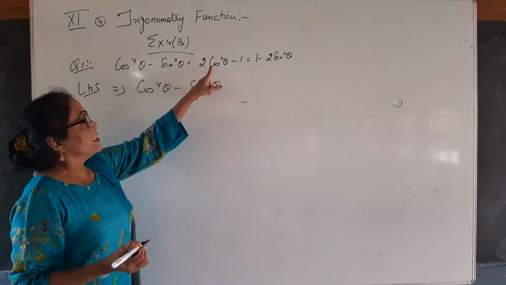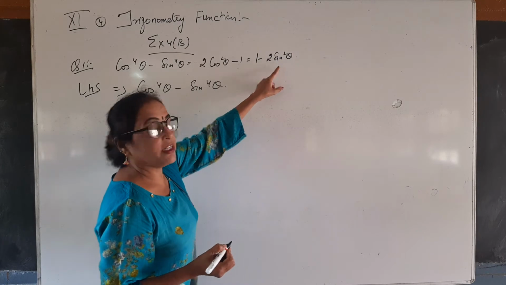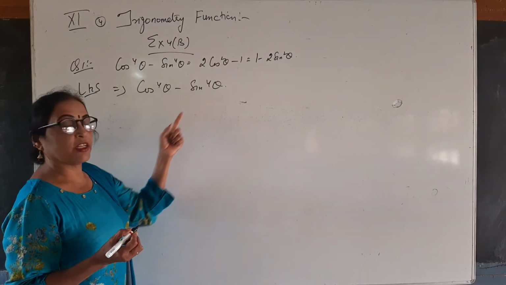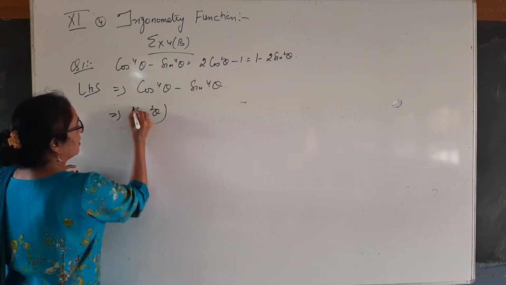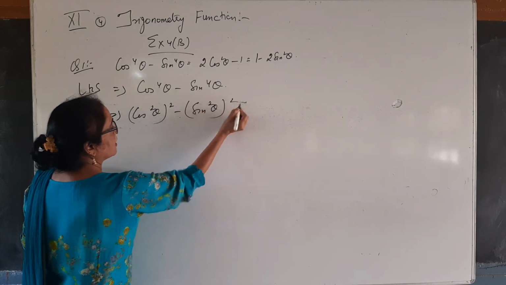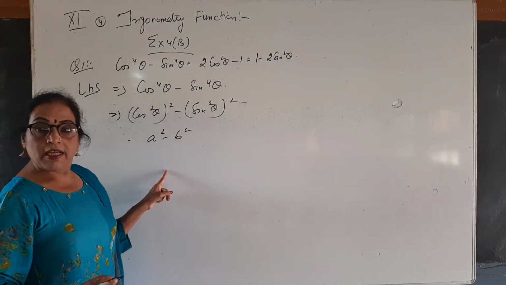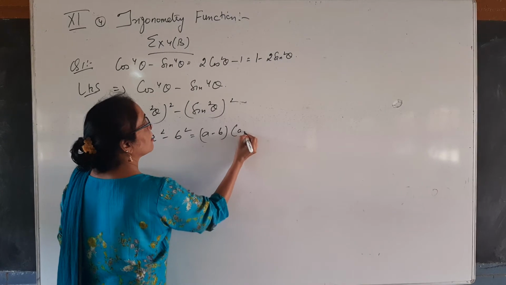Now see here, it is given 2 times cos square theta minus 1 and 1 minus 2 times sin square theta, and we are getting here cos raised to the power 4 theta minus sin raised to the power 4 theta. So we can write it like this, cos square theta whole square minus sin square theta whole square. Now since it is of the form a square minus b square, it is equal to a minus b into a plus b.